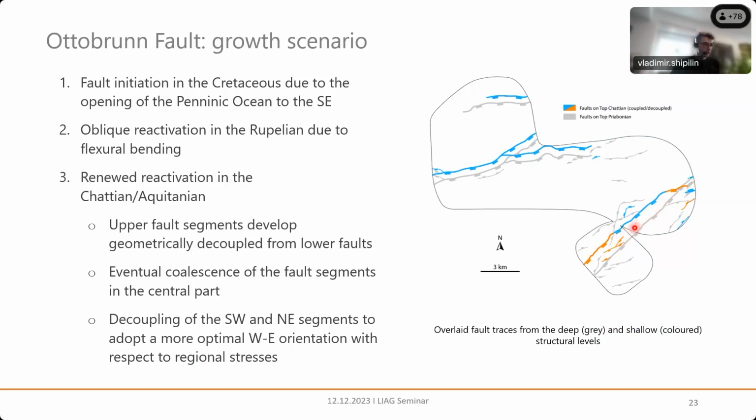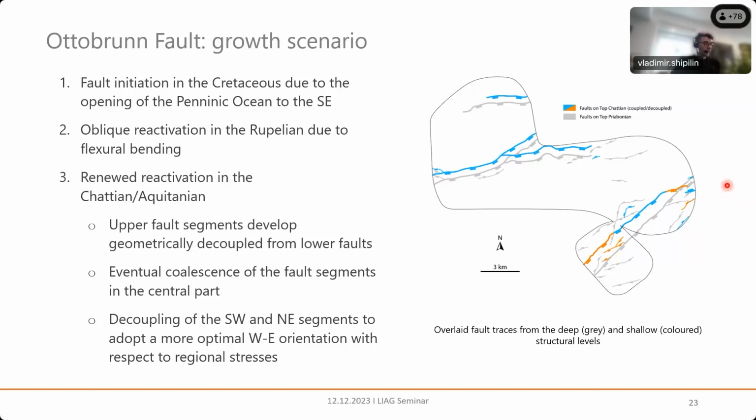Therefore, we have here the increase of the offset between the lower fault segment and the upper fault segment, decoupling. And in the northeastern part of the fault, we've got a curvature of the tip of the fault in order to adopt a more optimal west-east orientation with respect to the regional stresses, as during the flexural extension, the orientation of the minimum horizontal stress was more or less north-south oriented.